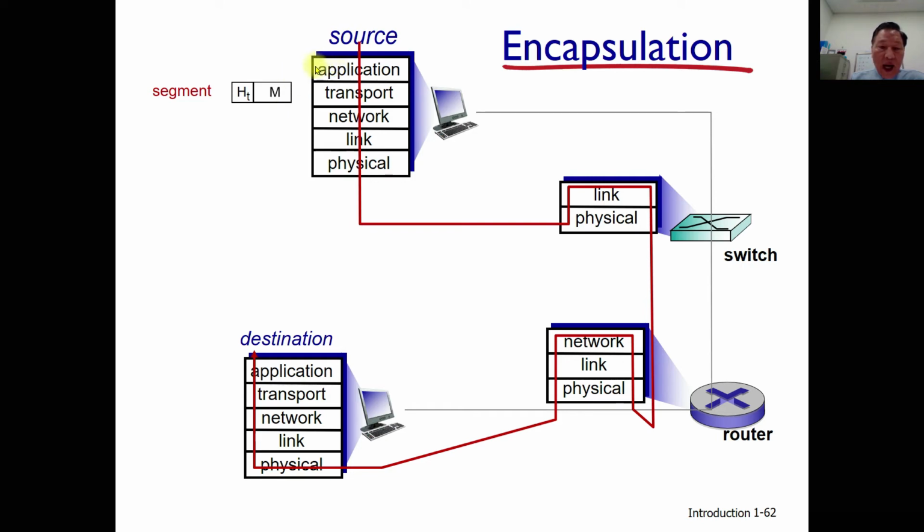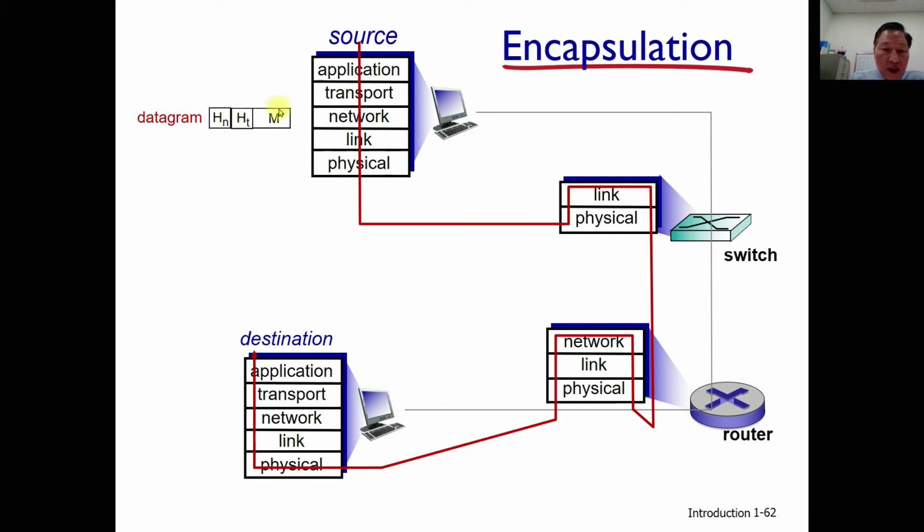It is coming down with that message, but the header in each layer, that header like an envelope of a mail message, is added here. This HT means header in the transport layer. Also, that will come down for transmission, transporting to the final destination.